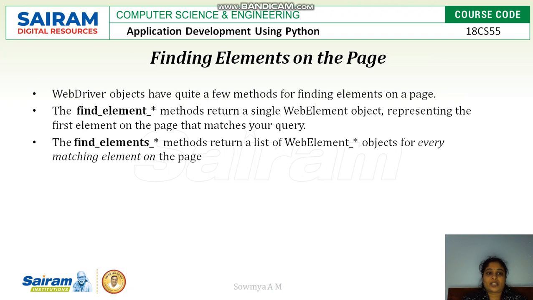Finding elements on a web page: WebDriver objects have quite a few methods for finding elements. find_element or find_elements is used for finding elements. find_element will fetch you one web element object. find_elements will get you many elements, all the matching elements from the web page.